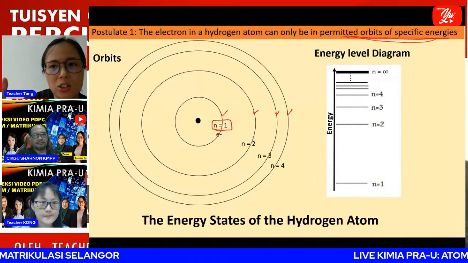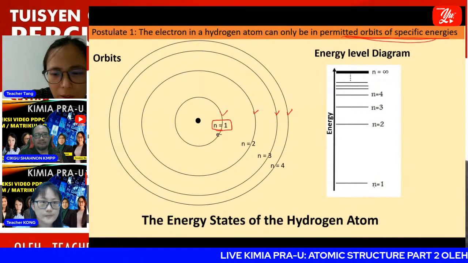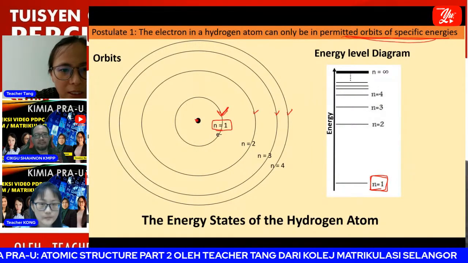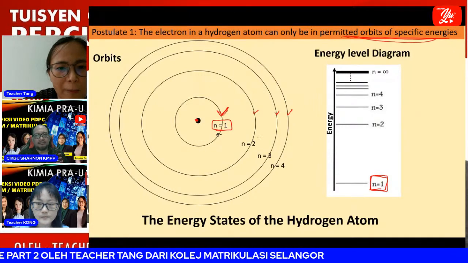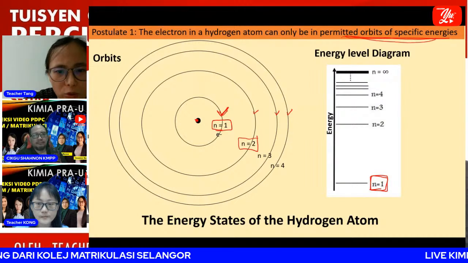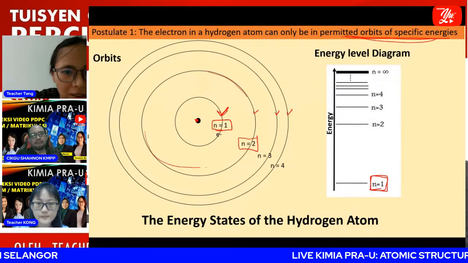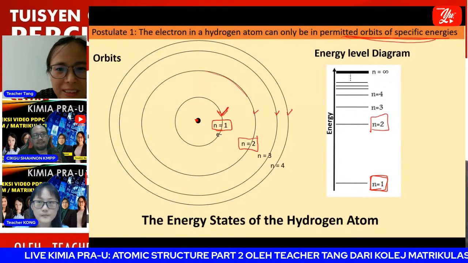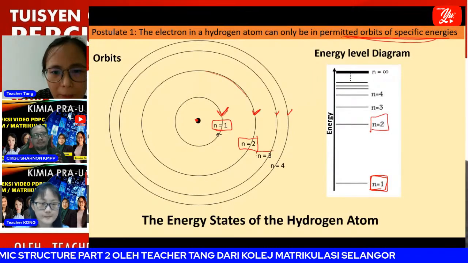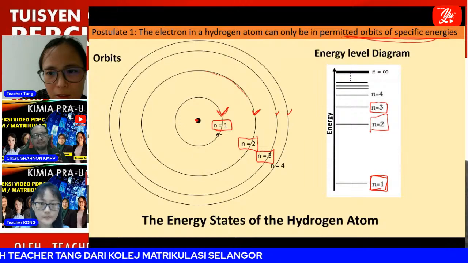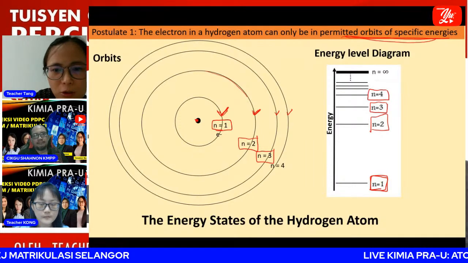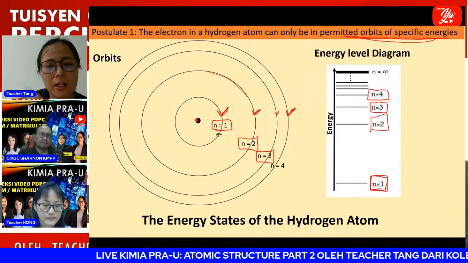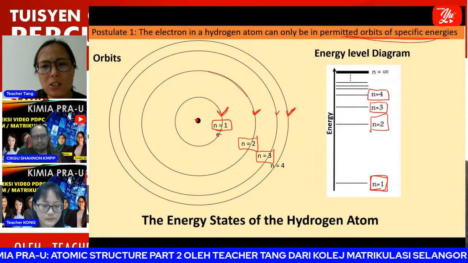In the energy level diagram, the lowest line, n equals 1, corresponds to the orbit nearest to the nucleus, followed by n equals 2, representing the second orbit, then n equals 3 for the third orbit, n equals 4 for the fourth orbit, and so on.